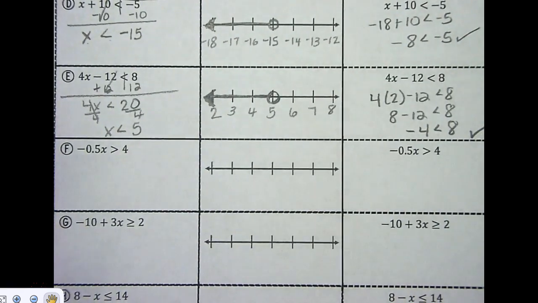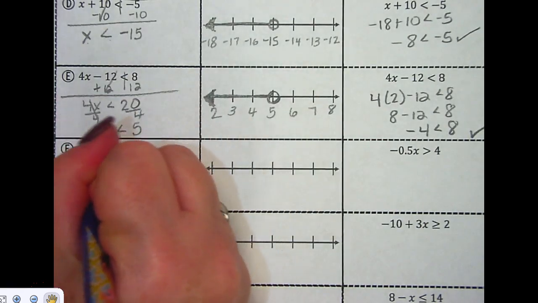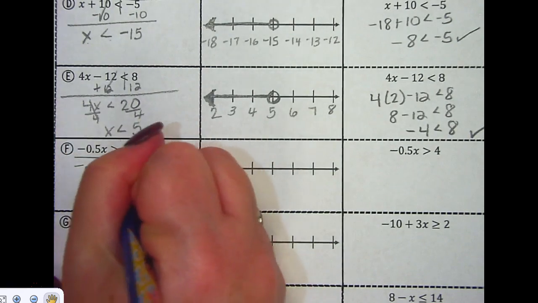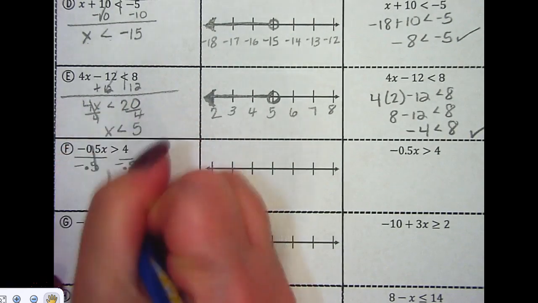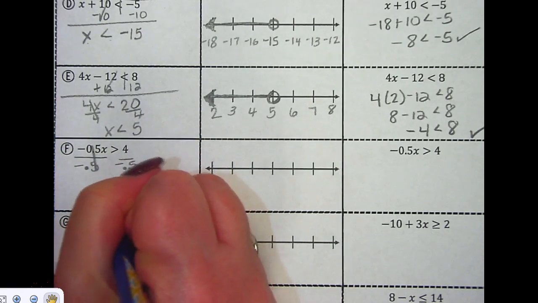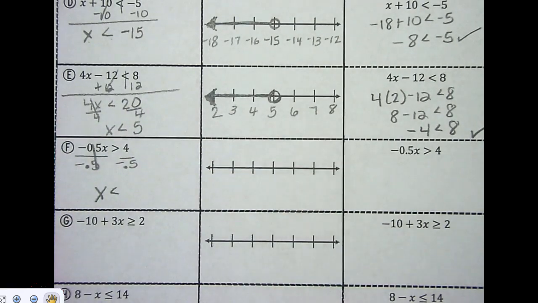All right, F. The first thing I see is something that's important to me. What is it? Yes, we're going to divide by a negative. That means what? Flip the sign. So I'm left with x is less than 4 divided by negative half.